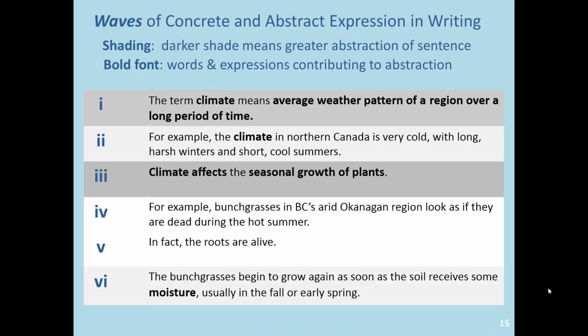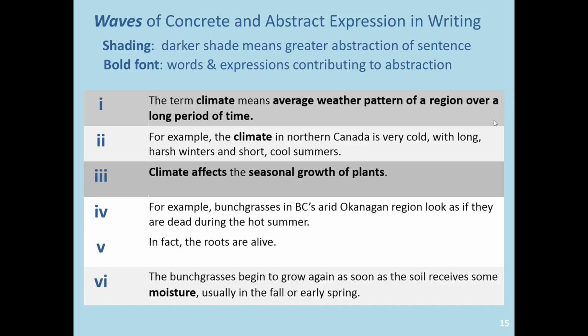So what these tasks have shown us are waves of concrete and abstract expression in writing. Looking at this figure, we see darker shades meaning greater abstraction and the lighter shades meaning more concrete expression. The bold font shows words and expressions that contribute to abstraction.